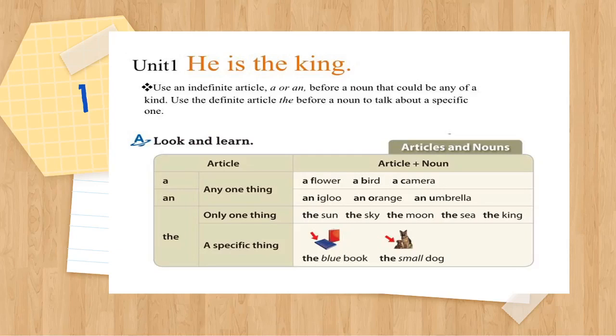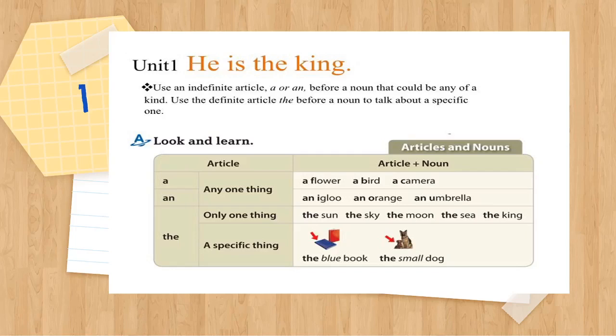But you need to remember that an we use with vowels, and we have 5 letters: A, E, I, O, U. If you see the letter A, E, I, O, U before the word, you need to use an.